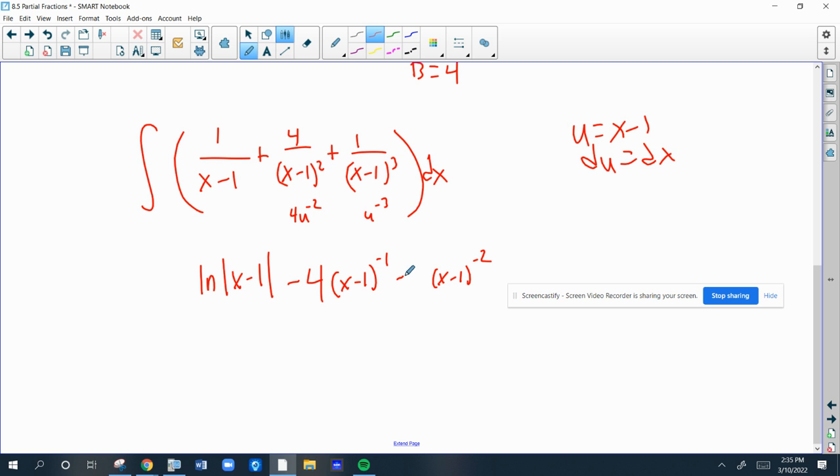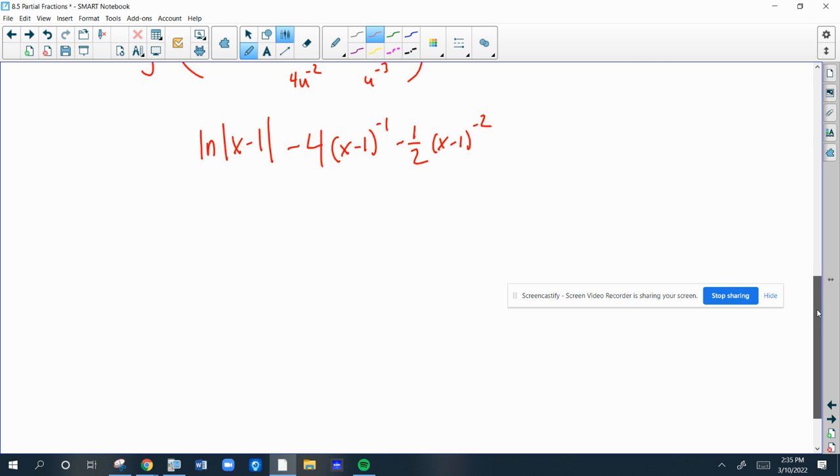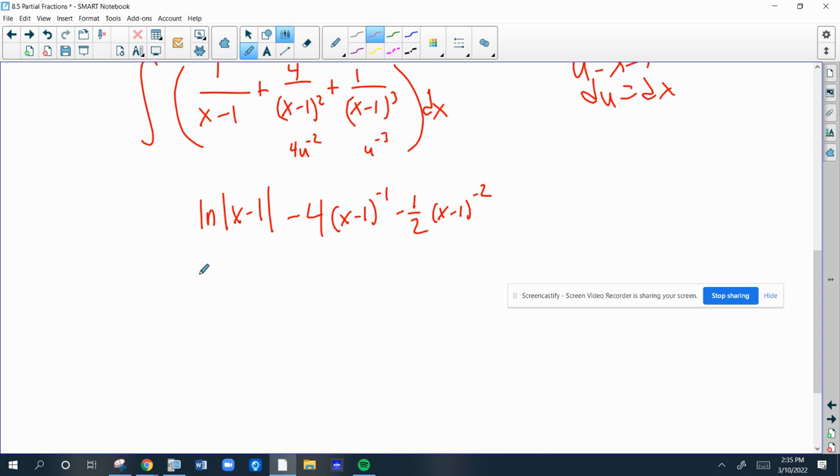So this would be minus 1/2. Clean it up just a little bit here. We have natural log of the absolute value of x minus 1, minus 4 over x minus 1, minus 1 over 2 times x minus 1 squared.